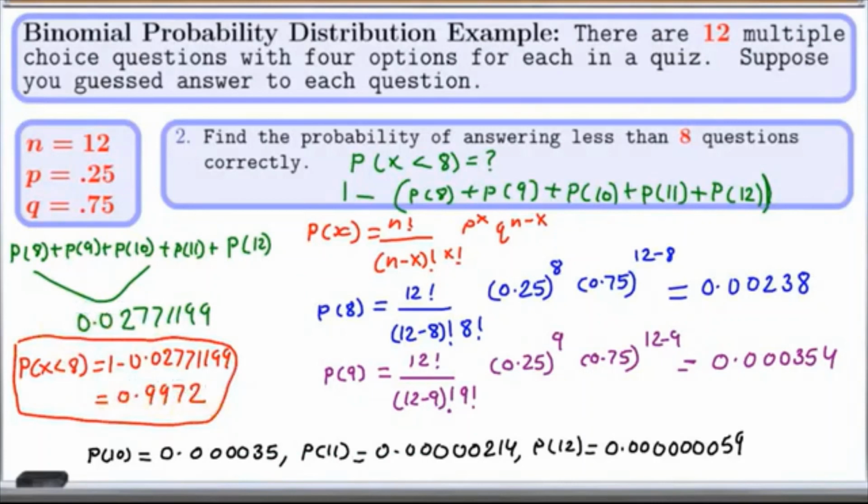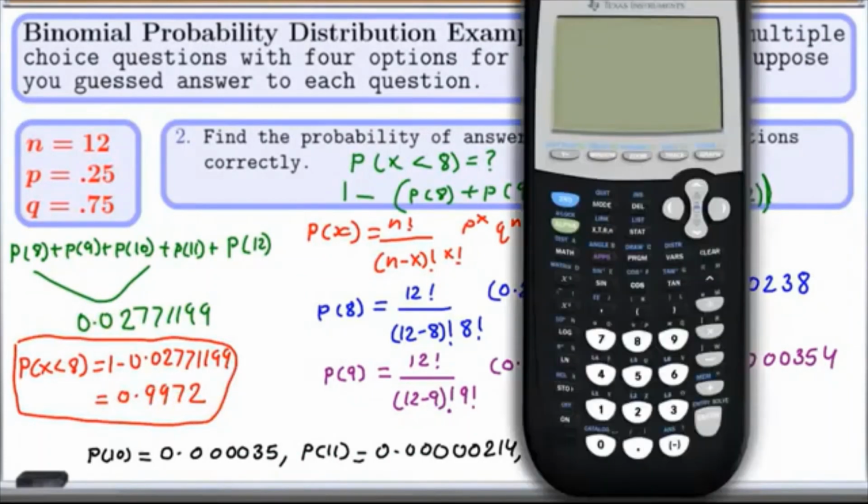Now let me show you how to find this probability using calculator. Here we are supposed to find less than 8. Less than 8 means 0, 1, 2, 3 through 7, which means everything up to 7. So we can just use binomial CDF. For that, go to second, then distribution.